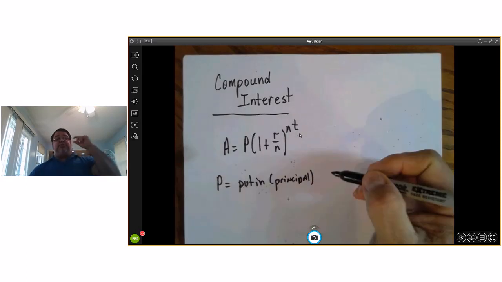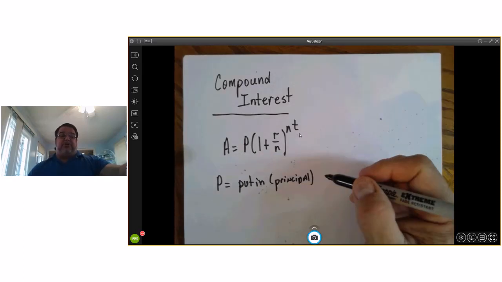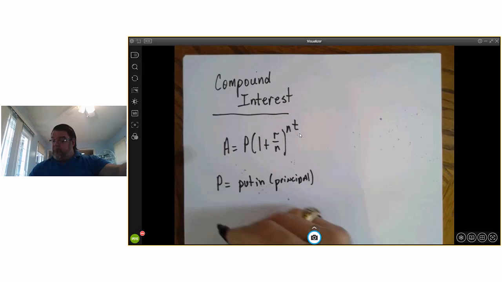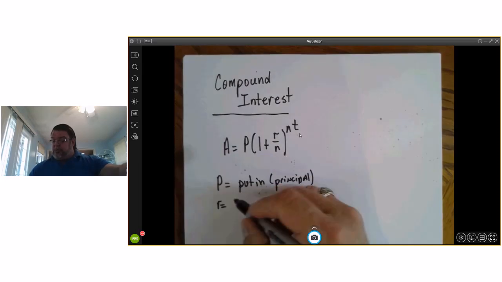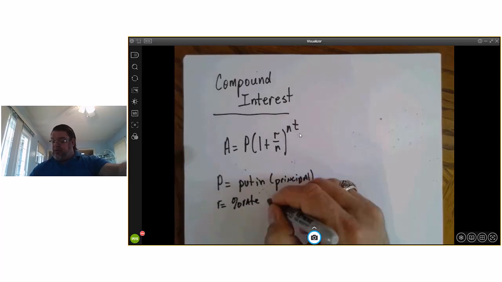The principal is the amount that you put into the bank. So if you put in $5,000 in an IRA, the P is 5,000. R is equal to your percentage rate. But you don't put it in as a percentage, you put it in as a decimal.